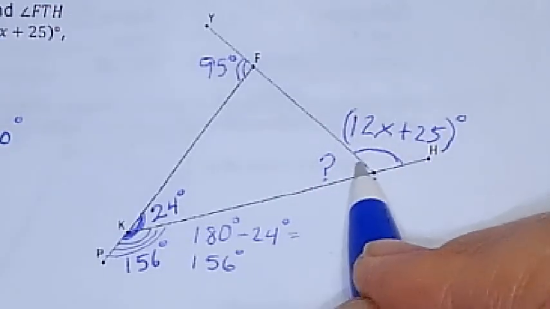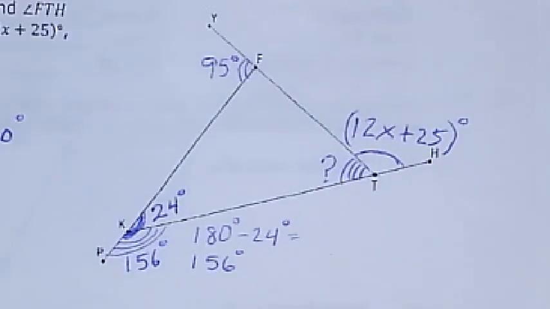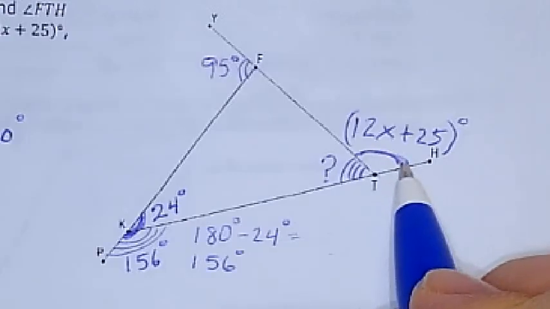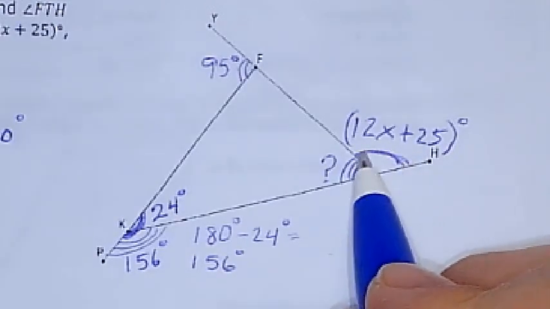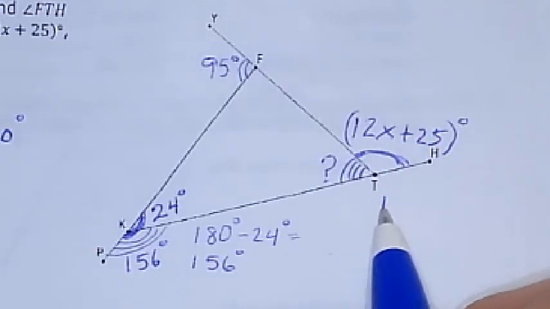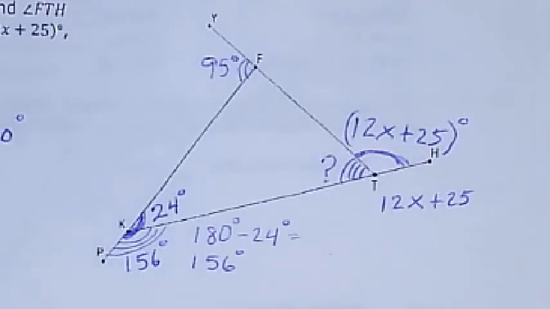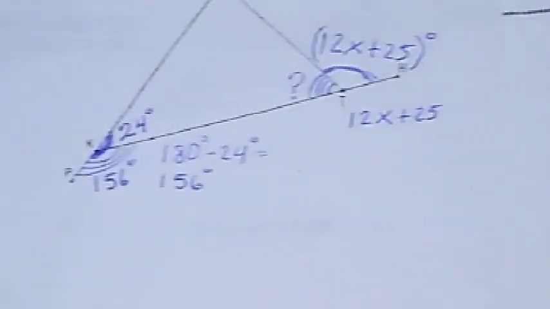There are several ways of working this out. There's not just one way. But the first way that my brain saw to do this is to find this exterior angle. If this exterior angle is 12x plus 25, and at the same time, I have a plug-in value of 7, I could probably say 12 times 7 plus 25.